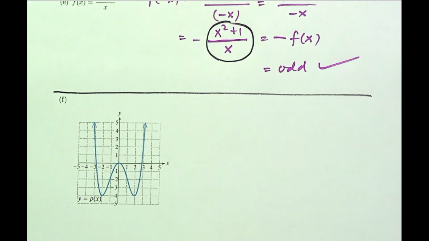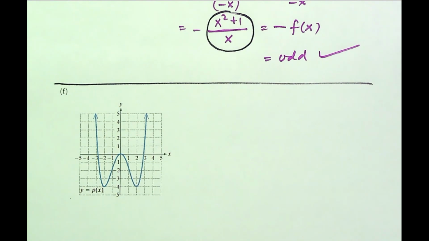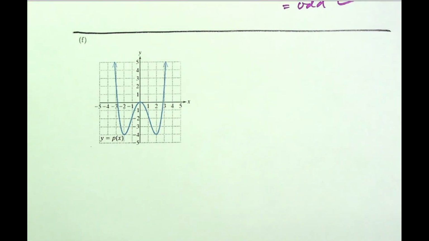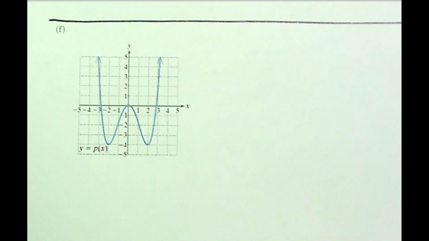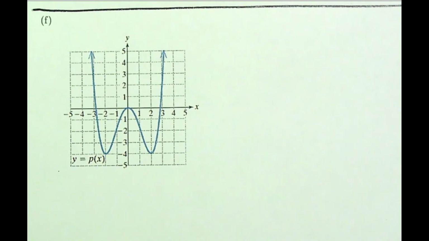Okay, and here's the last one. One where you can just tell whether it's even or odd by looking at it, or neither. Let's look at this. Zoom in a little bit. Let's look at the graph of that. That's the y-axis.